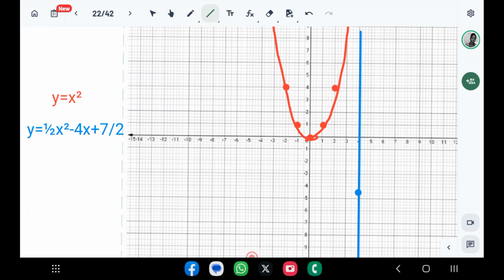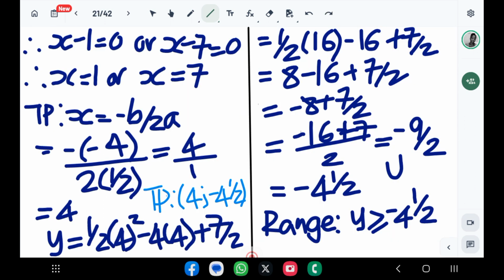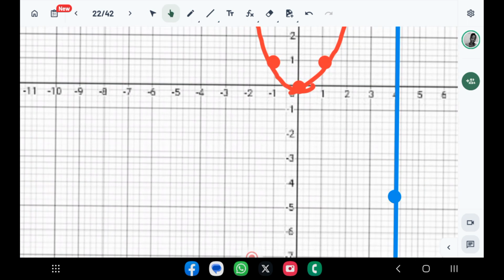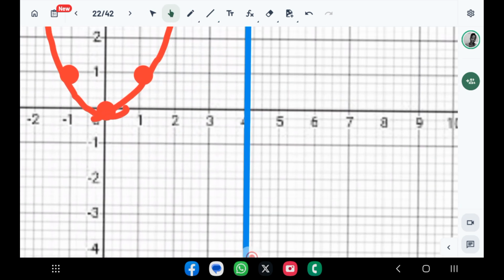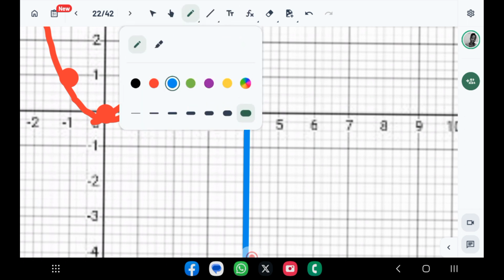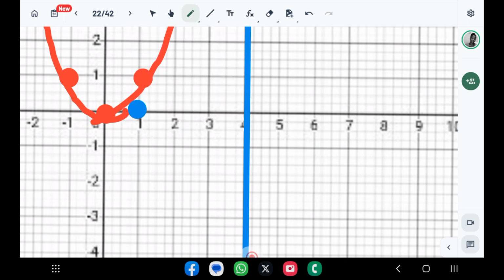All right, what are the x-intercepts? The x-intercepts are 1 and 7. So let's plot those, 1 and 7. And then what is the y-intercept?